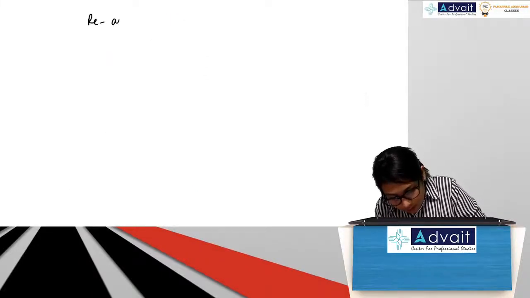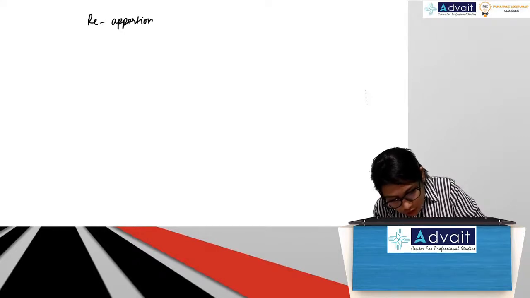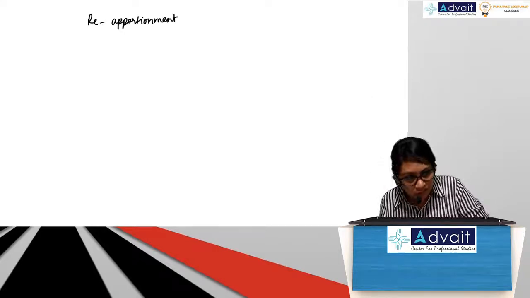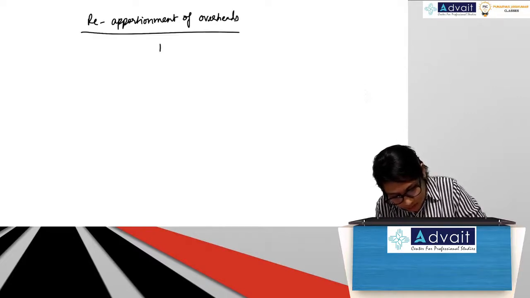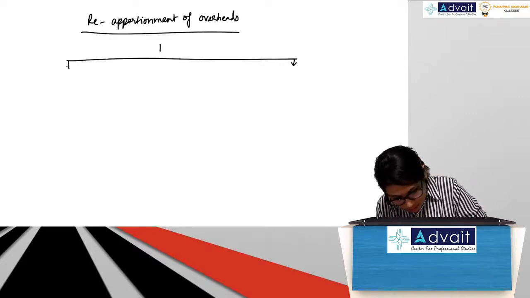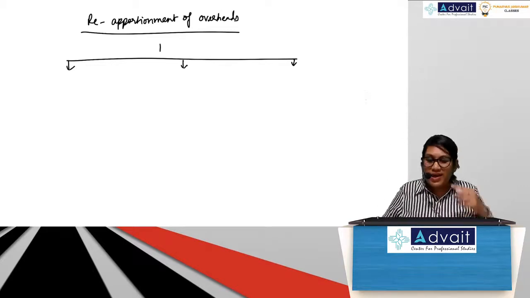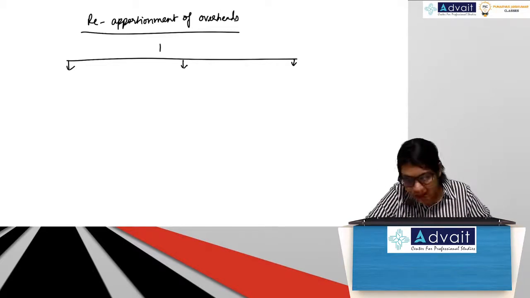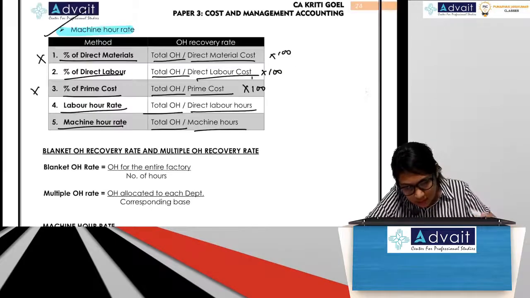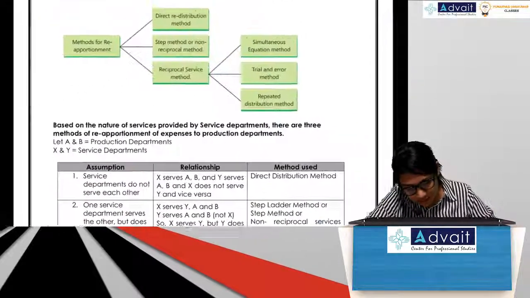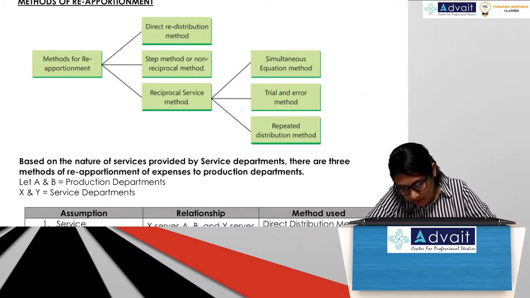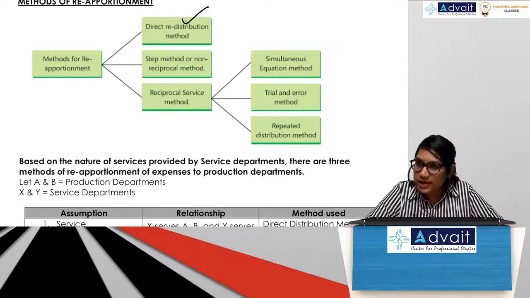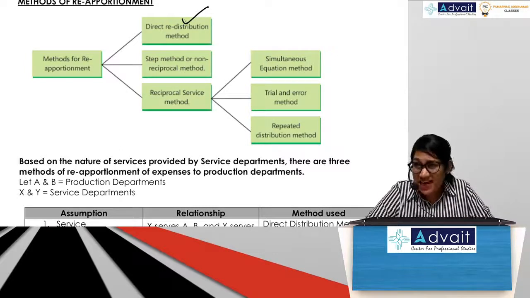For reapportionment of overheads, we have the following methods. Actually you don't have to draw it, it's here. So what are the methods for reapportionment? First one, direct redistribution method. This is the easiest.